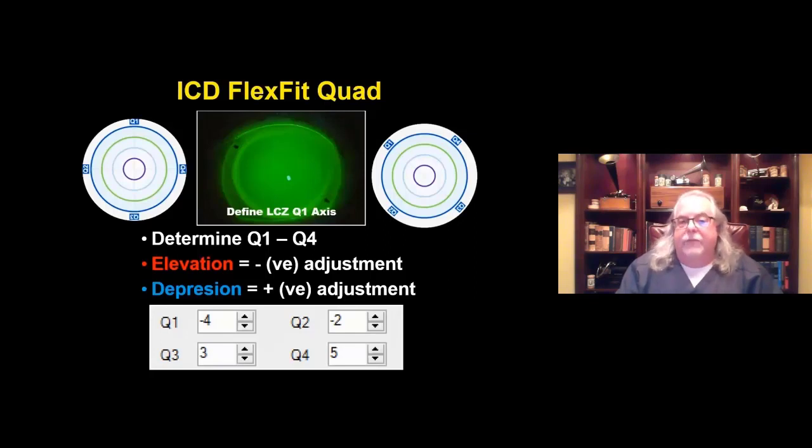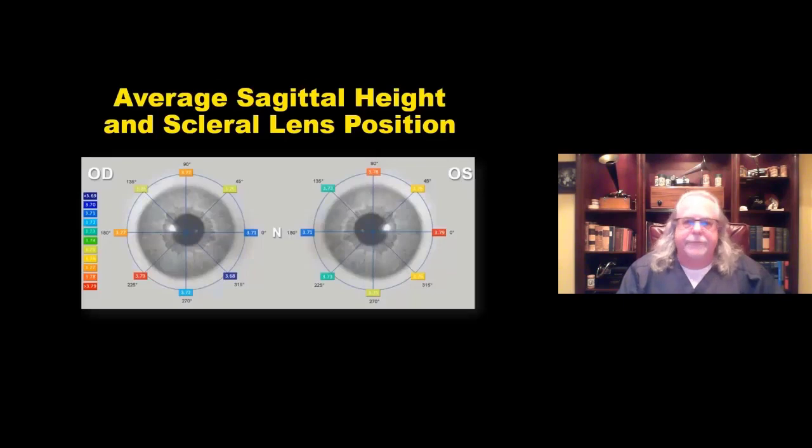We communicate that information to the laboratory, and now we can adjust that landing of the contact lens 360 degrees around the lens by virtue of these 4 quadrants. So this gives us tremendous flexibility in our lens designs that we never had before. So very excited about the quadrant specific aspects of this lens design.